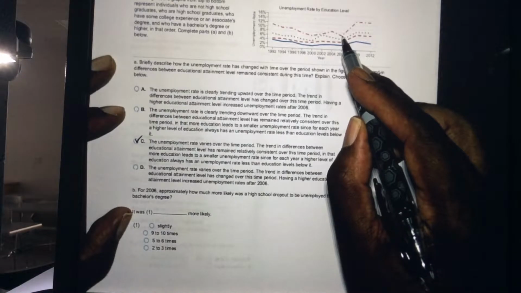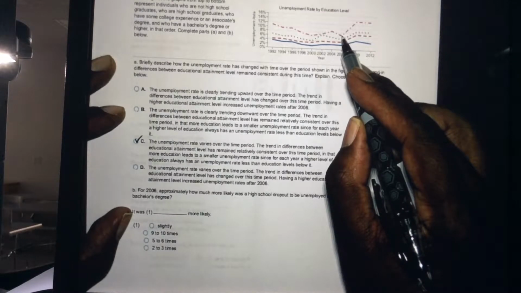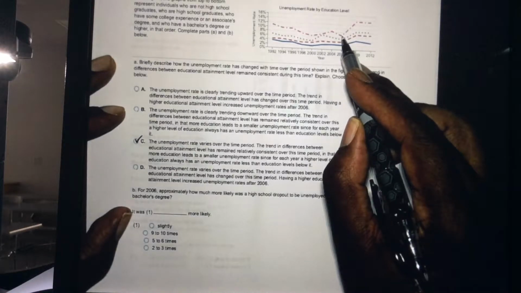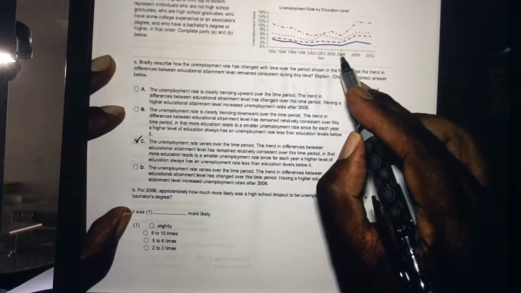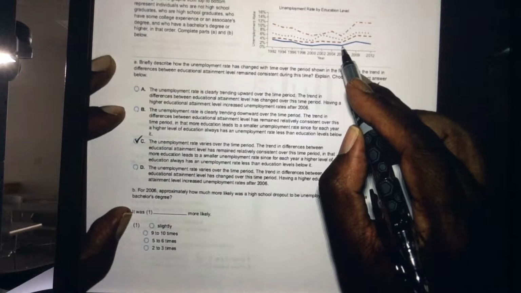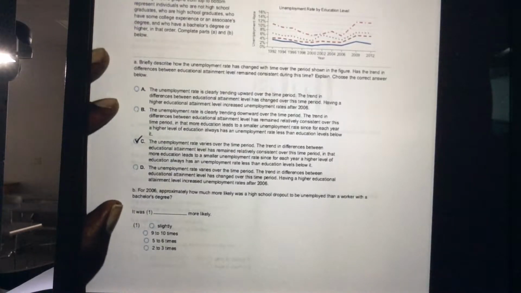At 2006, at that particular point, it was around, I'm going to say 7% for a high school dropout. But for someone with a bachelor's degree, that's about right here. That's about 3%. So in this case, a high school dropout would be approximately 2 to 3 times more likely to be unemployed than someone with a bachelor's degree.